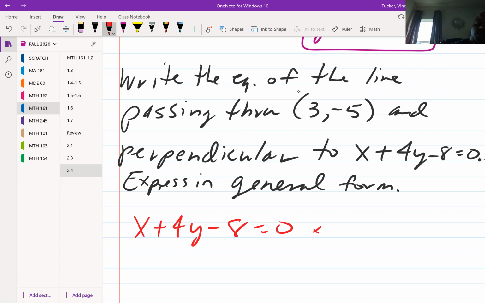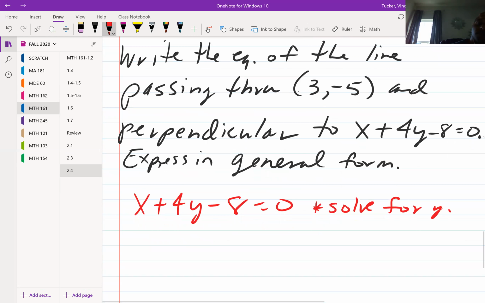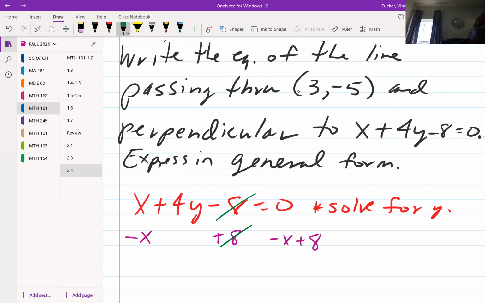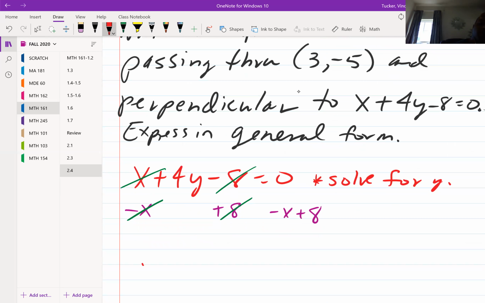So we need to solve for y. I'll subtract x and add 8 to both sides. That'll leave me with 4y equal to -x plus 8.